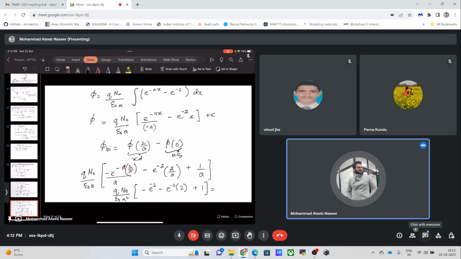So it is 1 minus this thing, which is simply equal to 0.593, times the number, which is q times n naught epsilon s a square. This is what we have found out, by just looking into this, we have found out this expression for this built-in potential.